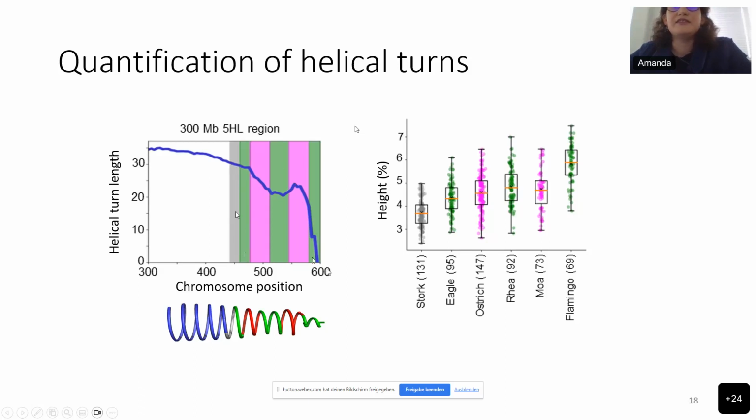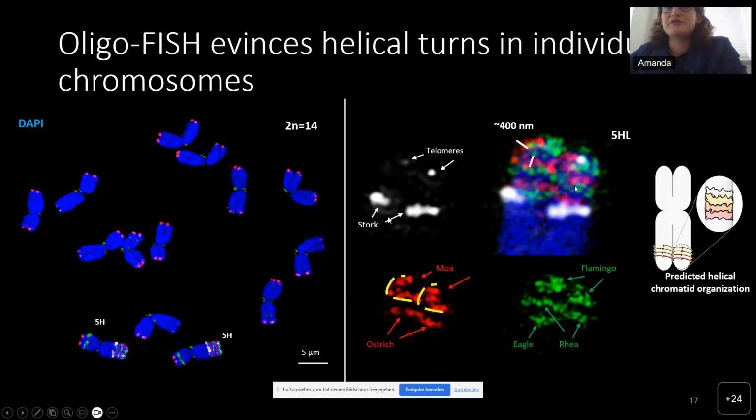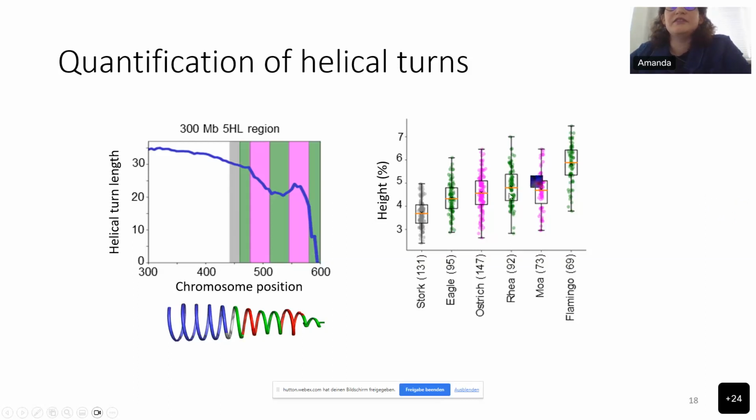And it's funny to see that when you measure the height of each pattern that we observe here, this height of each turn, it follows this pattern of the turn size that we expect.